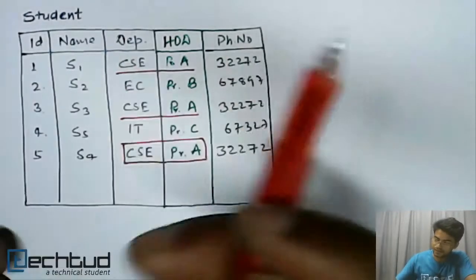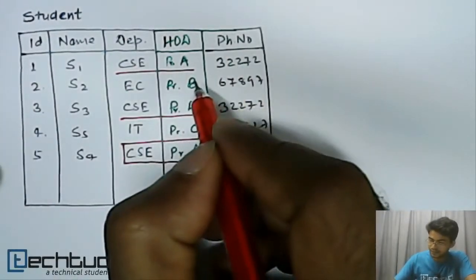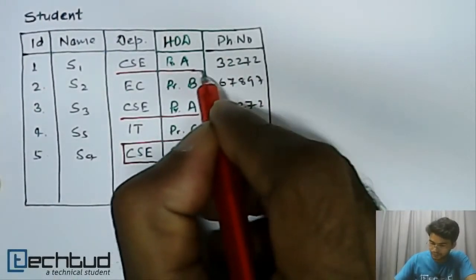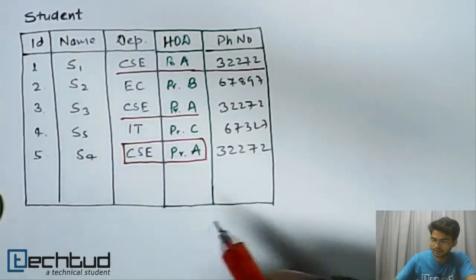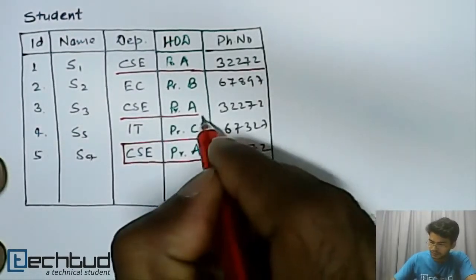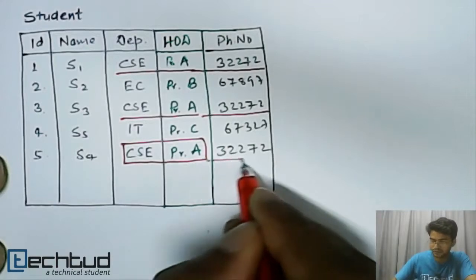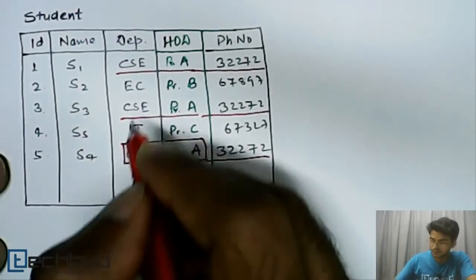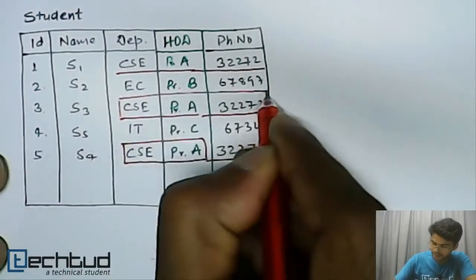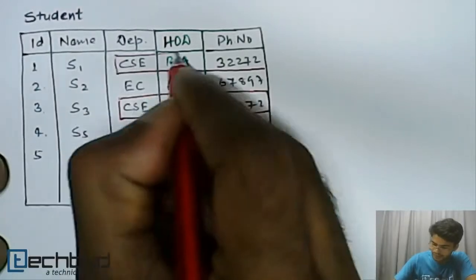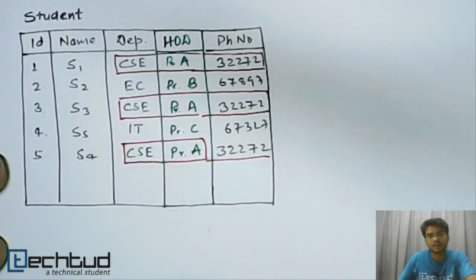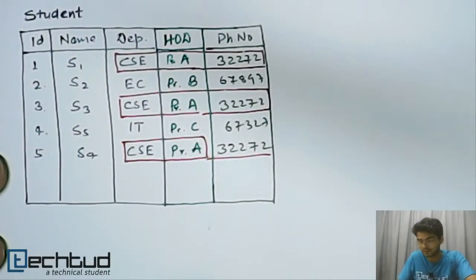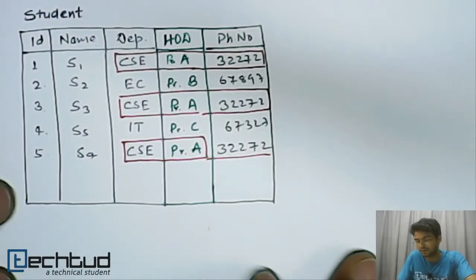Let's say every time a CSE student comes, you have to enter Professor A and then 32272, 32272, 32272. So this is complete redundancy. The same thing we are storing again and again, and this will increase the size of our database. So this is redundancy and this is what we have to remove.